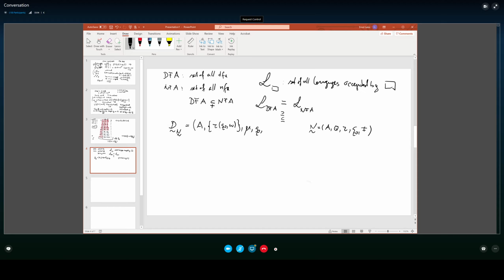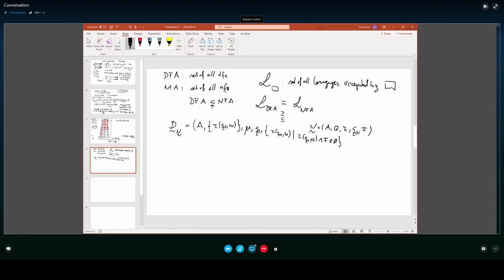And then the set of final states in the deterministic finite automaton is the set of all tau of q sub 0 and w, such that tau of q sub 0 and w intersection F is non-empty.